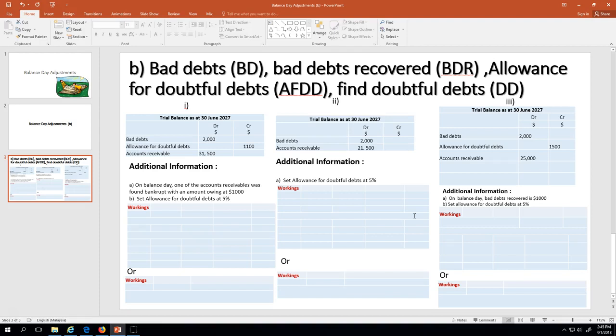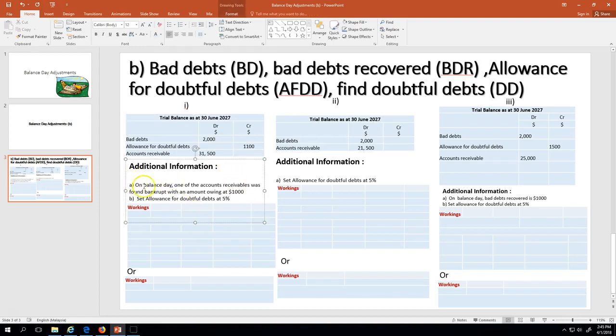So this explains our trial balance. The first Roman numeral here talks about the trial balance at 30th June 2027. The bad debt of 2,000 here says that the double entry has been completed. Alright, so on the balance day we have additional information.